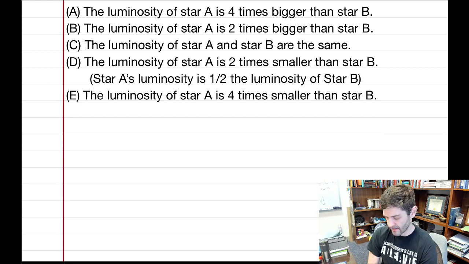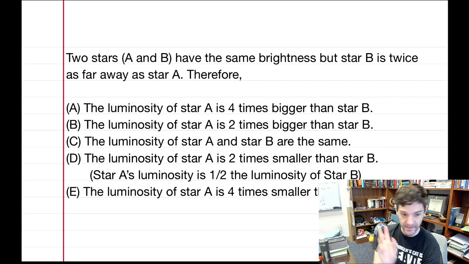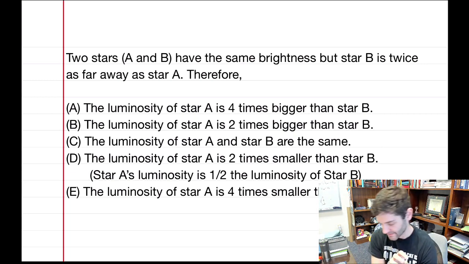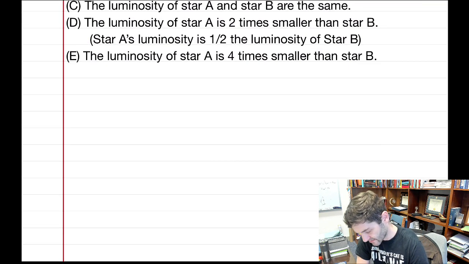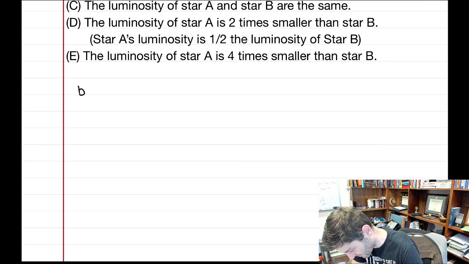I have mentions of brightnesses, the same brightness. Star B, though, is twice as far away. So I have something about brightnesses, something about distances, and the prompt is asking about luminosity. To me, that suggests the brightness formula. So then I have B equals L over 4 pi d squared.